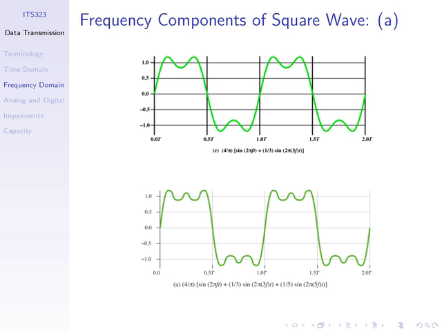Plus the second component, which is 1/3 the amplitude, sine 2 times pi 3f, 3 times the frequency. 3 times 1 million. 1 megahertz is 1 by 10 to the 6 t.